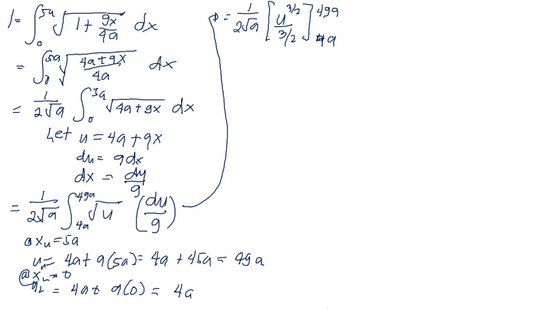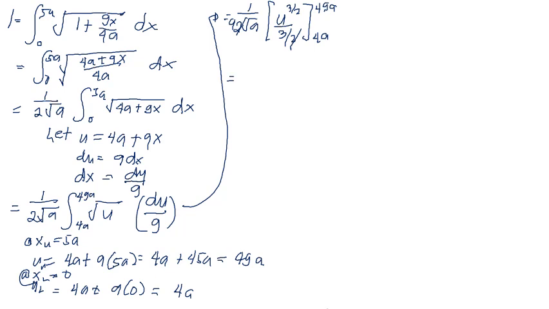Okay. My a and 9 are similar, so I just rewrite it. It's 4a to 49a. So we could cancel out 2. Then we still have 9, so we still have 9 here.